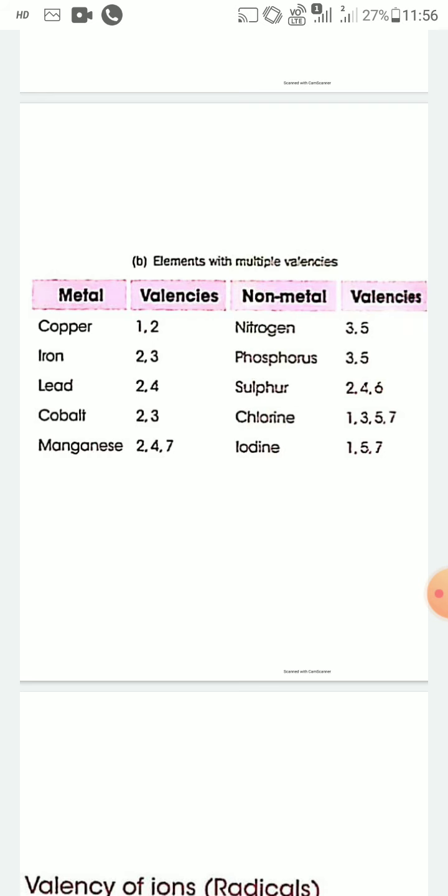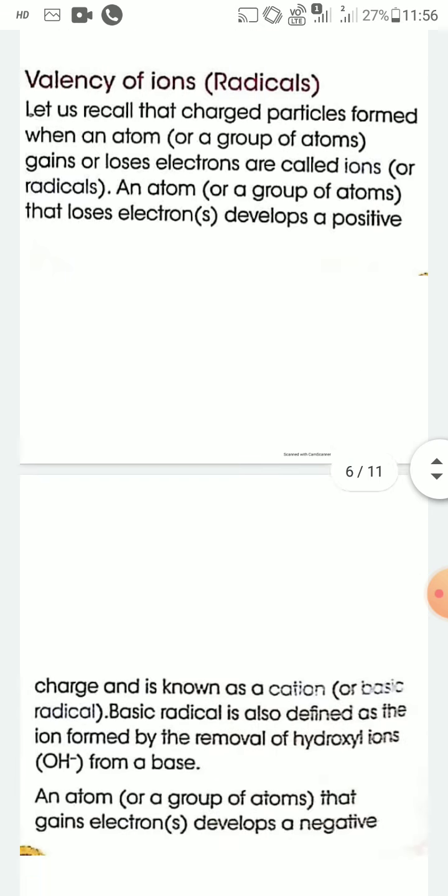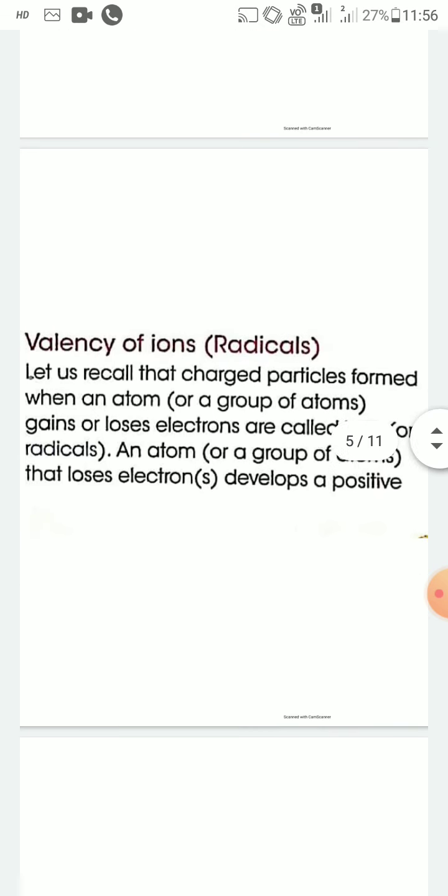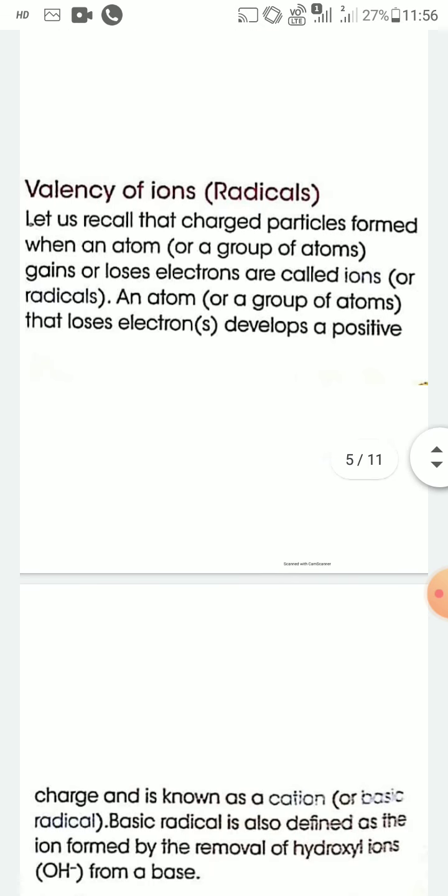Chlorine has a total of 4 valencies: 1, 3, 5 and 7. Iodine has a total of 3 valencies: 1, 5 and 7. So these are variable valencies, and both metals and non-metals can show variable valency.